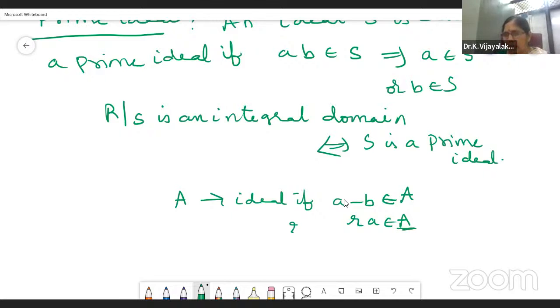If r is an element of the ring and a is an element of A, then ra belongs to A. That means A absorbs elements from the ring R. So this is an ideal.